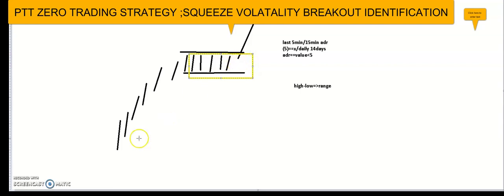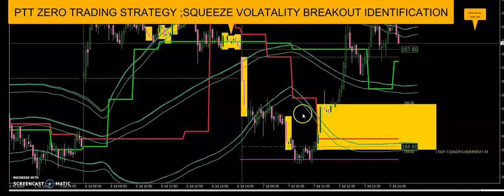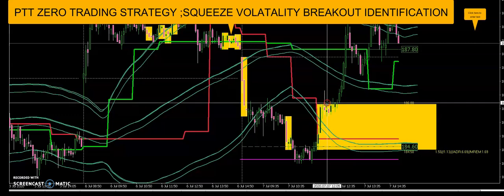We can see that in the calculations in the software. This is the squeeze software that I developed. This area is called a squeeze area, and we got a breakout here, and this area is also a squeeze area, and we can get a breakout here.